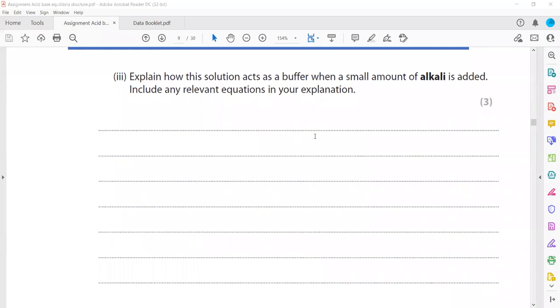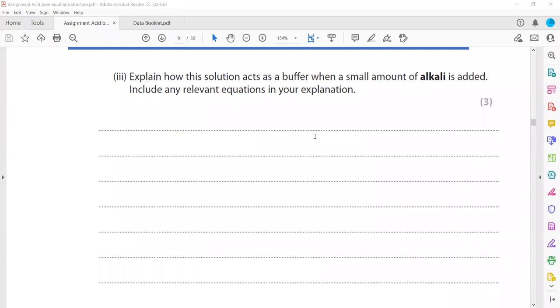First, we have a reservoir, or large amount, of the conjugate base, the propanoate ion, in this solution. When we add alkali, it will react with the hydrogen ions, so the equilibrium will shift and more protons will be produced.